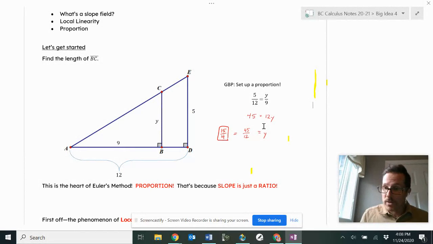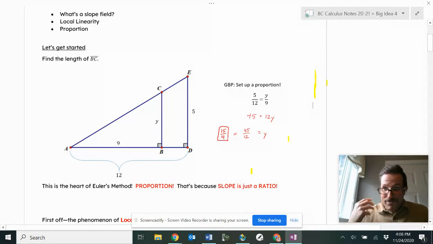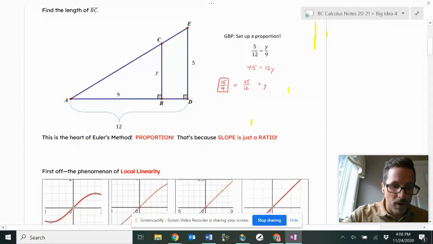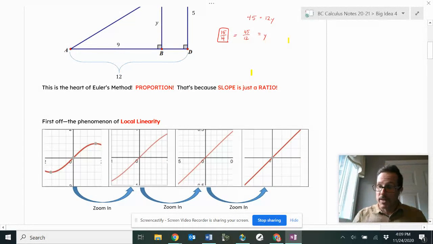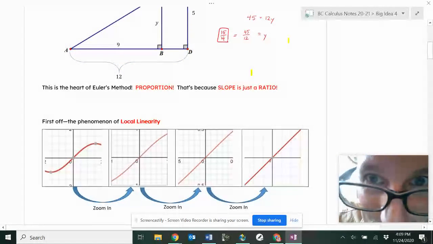So the heart of Euler's method is proportion, because slope is just a ratio, and two ratios set equal is a proportion. So we're going to look at this idea of local linearity. The idea is this: you take a wiggly curve, and if it's differentiable at that spot, you can zoom in and zoom in and zoom in, and it's a line.